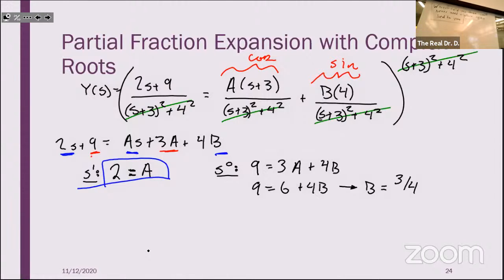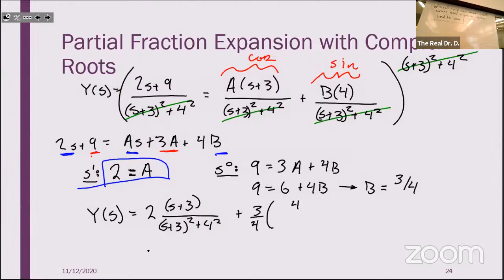All right, so we get our y of s. And y of s is going to equal 2 times s plus 3 over s plus 3 squared plus 4 squared, plus 3/4 of 4 divided by s plus 3 squared plus 4 squared.